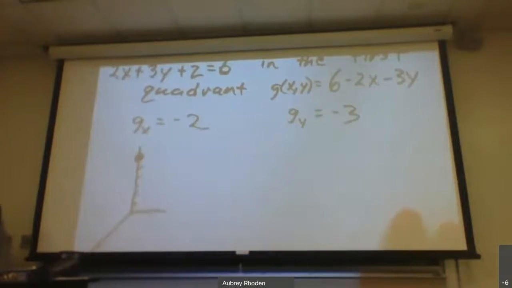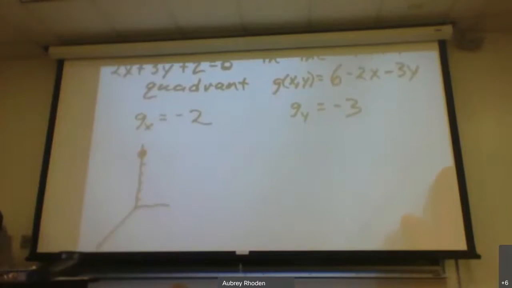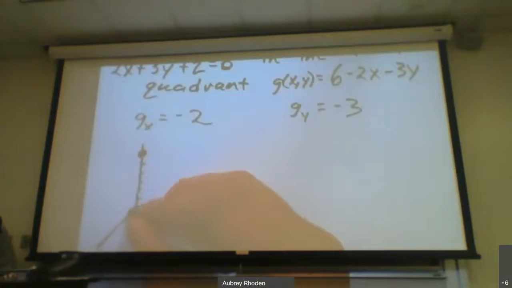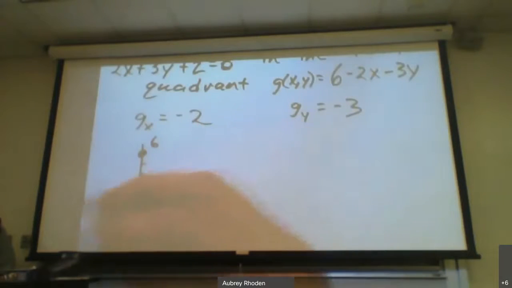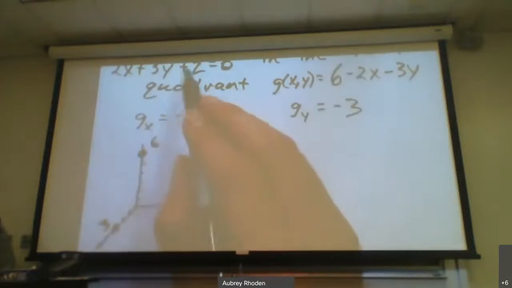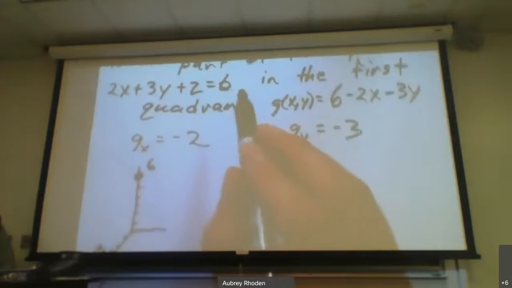Okay. Now, if I set y and z equal to 0, I'm going to get 2x equals 6, and so that'd be 6 divided by 2, which is 3. That'd be 1, 2, and 3. Just label this as 6. We'll call this guy 3. And then if I set x and z equal to 0, you get 3y equals 6.